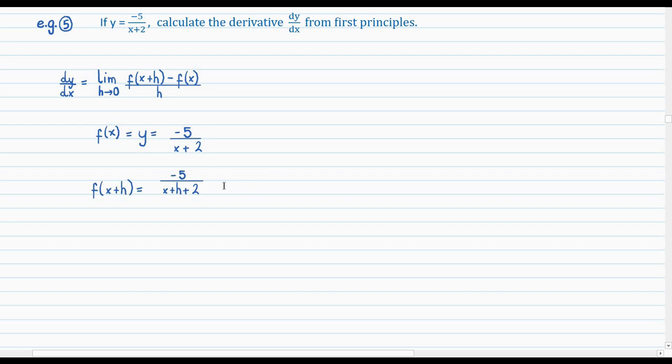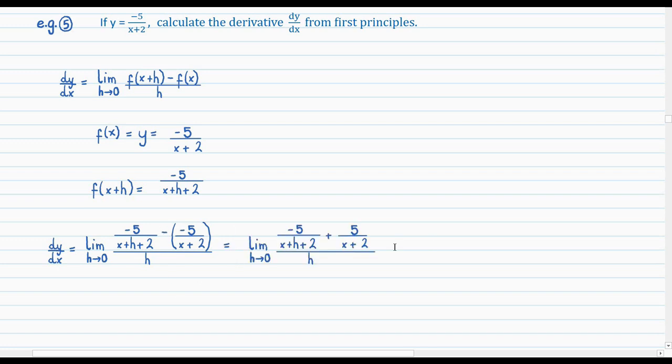Then just sub these back into the equation, and these two negatives cancel out to just give a positive. Then you add the two fractions in the numerator how you normally would using the lowest common denominator. Then multiply out the 5's and the bracketed terms.